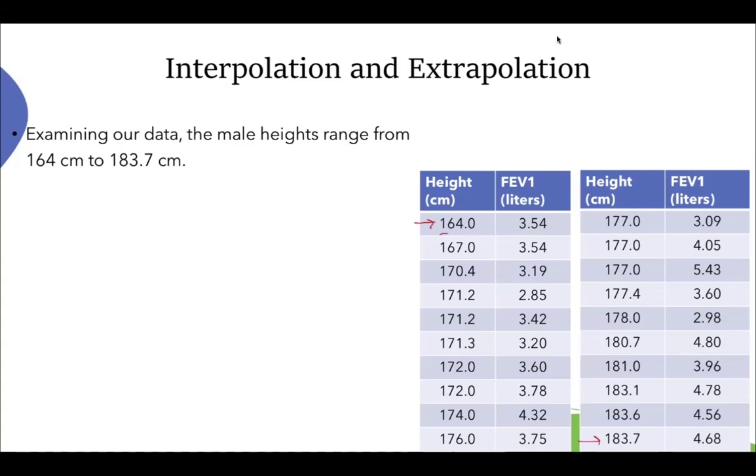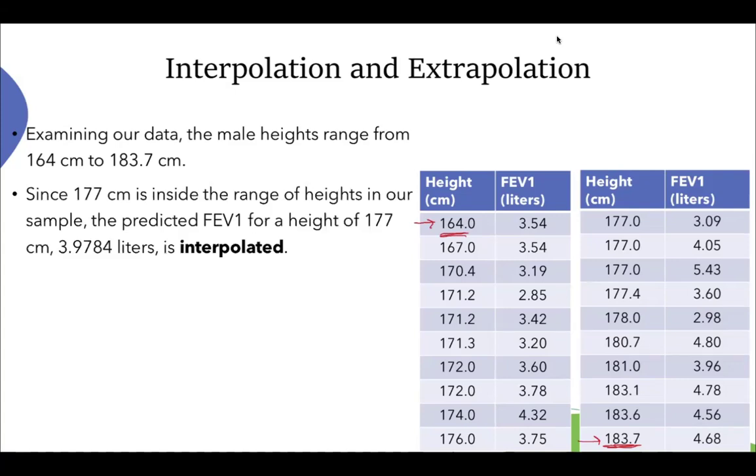So we have the shortest person and the tallest person in the sample. 177 is inside the range of the heights in our sample. So the predicted FEV1 for a height of 177, which came out to be 3.9784, is said to be interpolated.